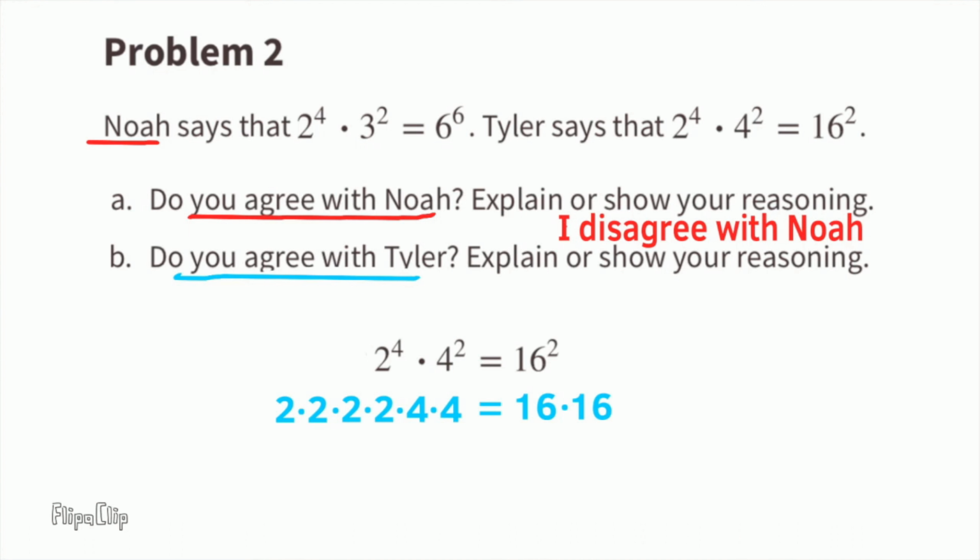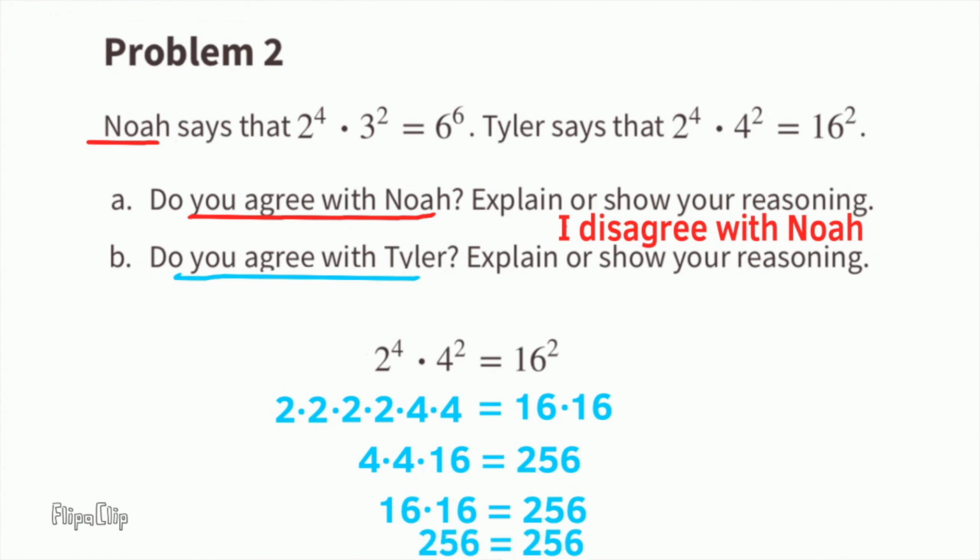So the question is, does 2 times 2 times 2 times 2 times 4 times 4 equal 16 times 16? 16 times 16 is 256, and 2 to the power of 4 times 4 to the power of 2 also equals 256, because 2 times 2 is 4, again, 2 times 2 is 4, and 4 times 4 is 16, and 4 times 4 is 16, and 16 times 16 equals 256. So I do agree with Tyler.